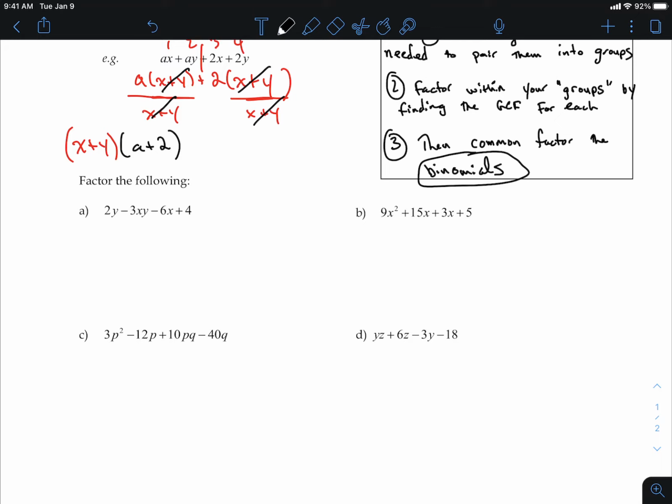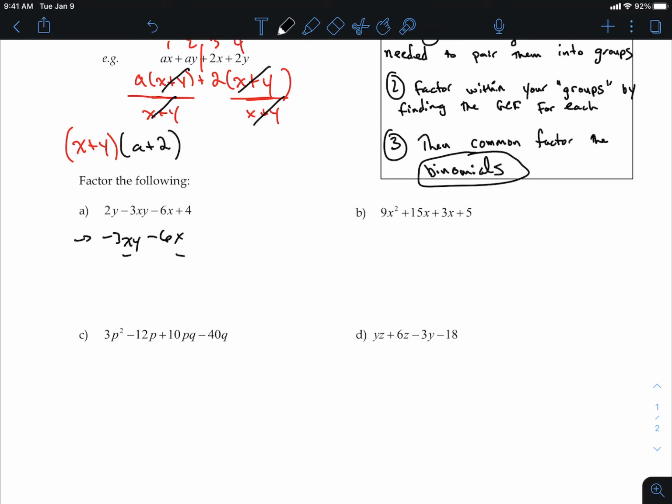So in the first one, what would you group together? Let's just say from left to right. Negative 3xy minus 6. Okay, why did you choose that? You're not wrong. I'm just asking for clarification for everybody. I looked at the numbers and 3 and 6 are multiples of each other and 2 and 4 are multiples of each other. 3 and 6 are multiples, but they also both have the x in it, right?